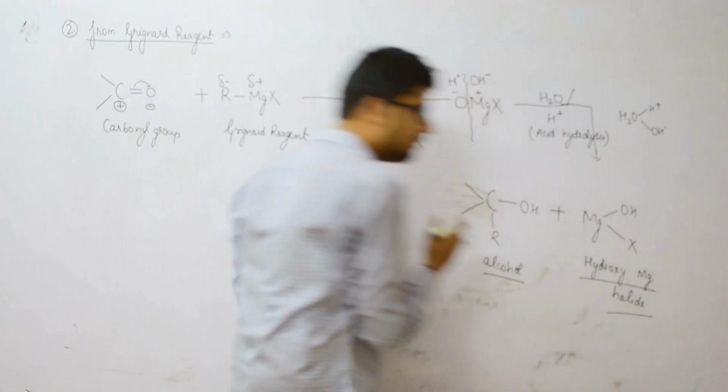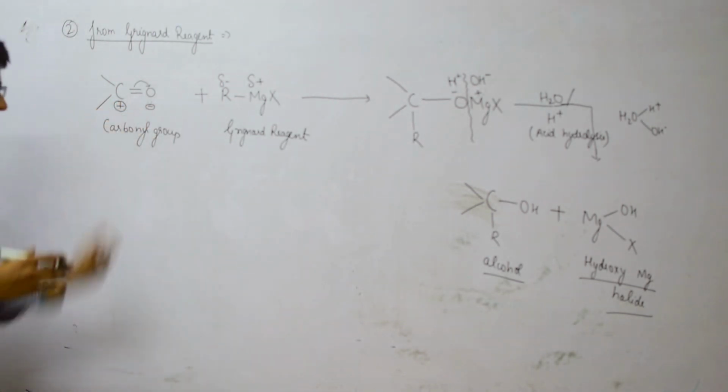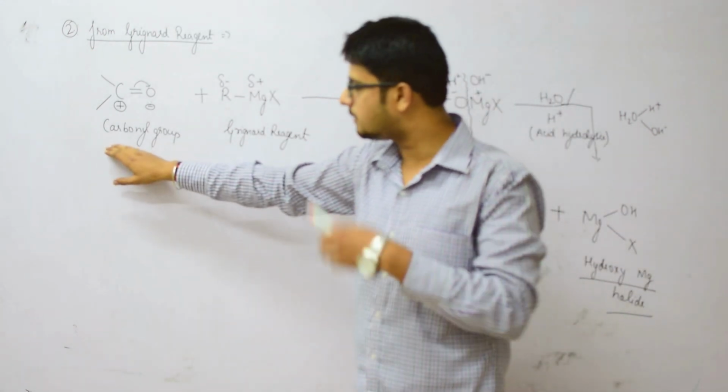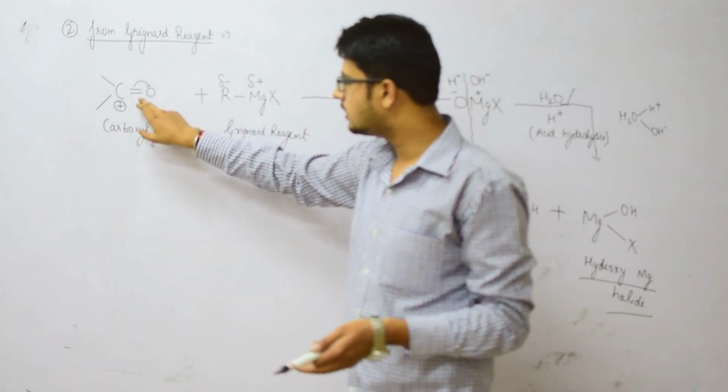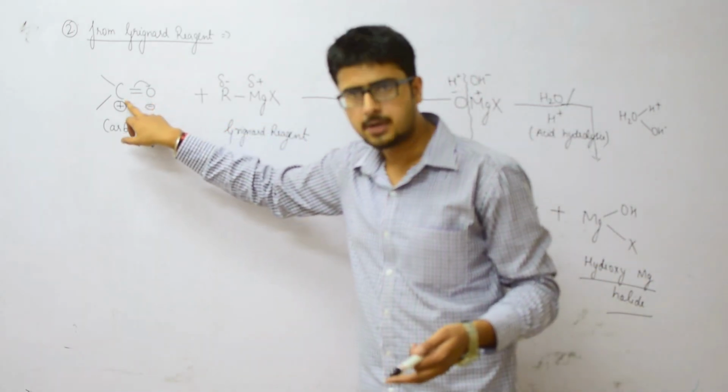So this is the general process how alcohol can be prepared from Grignard reagent. Let us see once again how the process continues. So this was our carbonyl group containing a double bond. We know that oxygen atom is more electronegative as compared to carbon atom.